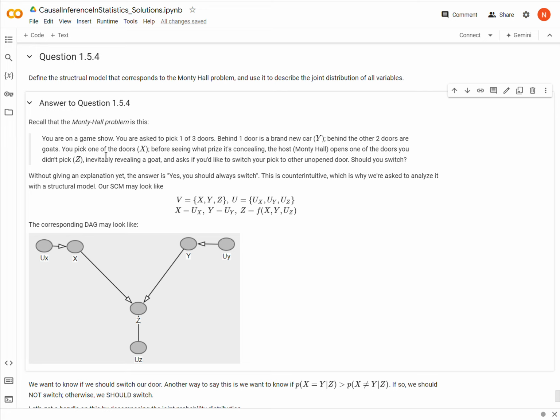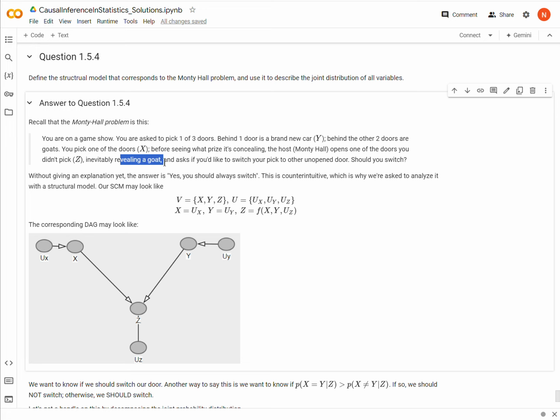So you pick one of the doors, and the door that you pick we'll call X. Now, before you see what is behind the door you picked, door X, the host, whose name is Monty Hall, that's why it's called the Monty Hall problem, opens one of the doors you didn't pick, and we'll call the door that he opens Z. Now inevitably it reveals a goat, because he's not going to show you what you picked, and he's not going to show you the car.